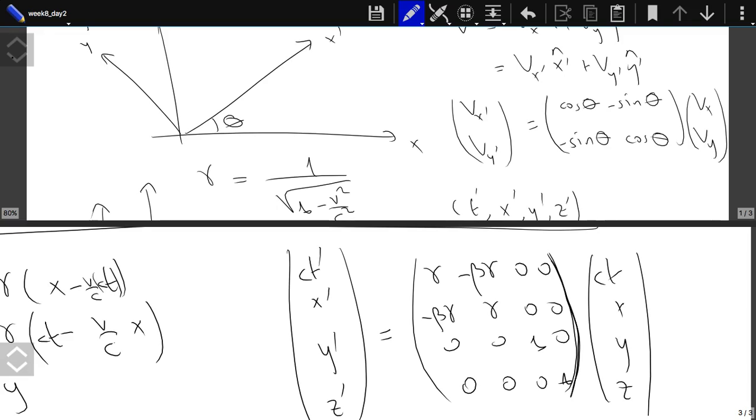Let's look at our geometrical rotations in that two-dimensional space. We call it a two-dimensional space mainly because if you consider a coordinate rotation, those two components just mix with each other. We have exactly the same thing here. If you go from one reference frame to the other, the x, y, z coordinates and the time just mix together through this matrix.